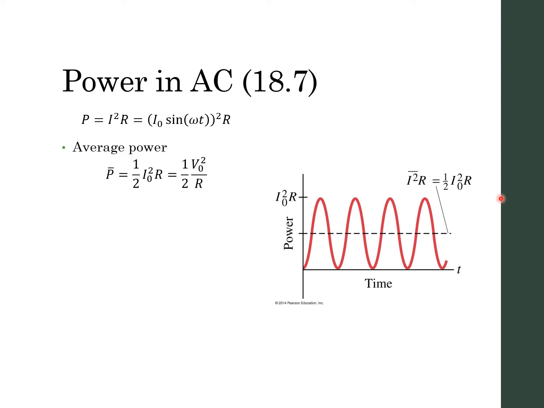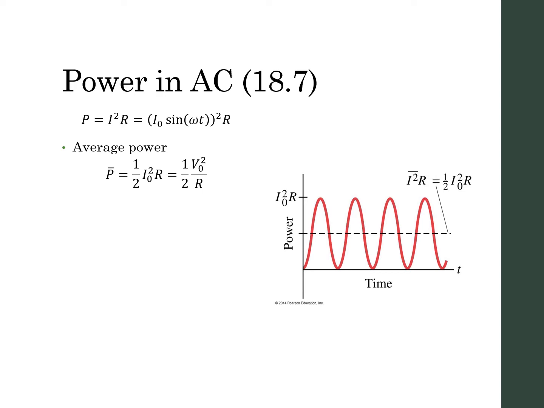So the average power can be calculated with either 1/2 peak current squared times our resistance, or 1/2 peak voltage squared divided by the resistance. It's the same equations, but because we have an average value, we should technically use 1/2.